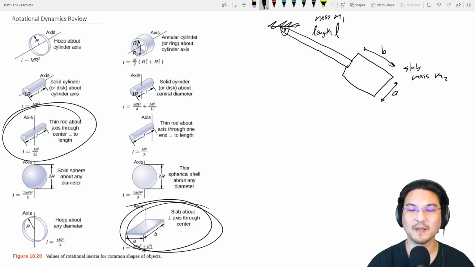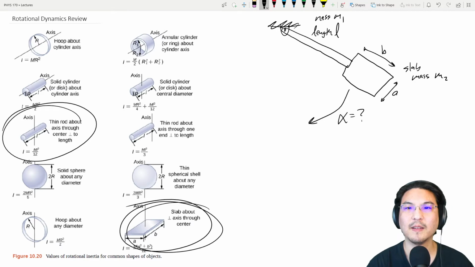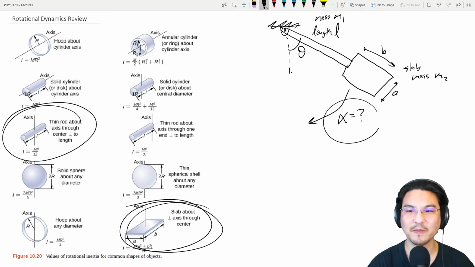Okay, and then let's say it swings like this. What's the angular acceleration? And I'll just label this as some angle. Okay, so how do you get the angular acceleration?